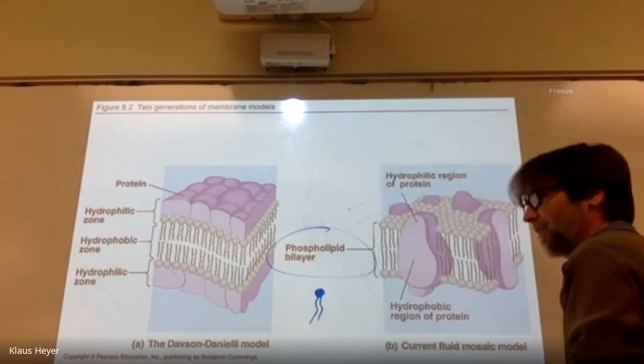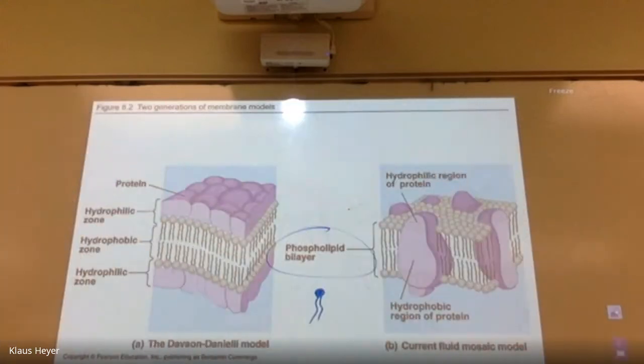And just to remind you about phospholipids, part of this molecule is lipid soluble, and part of this molecule is water soluble. And we use those words, hydrophobic and hydrophilic, to mean something that's lipid soluble and something that's water soluble. Those words are used often.